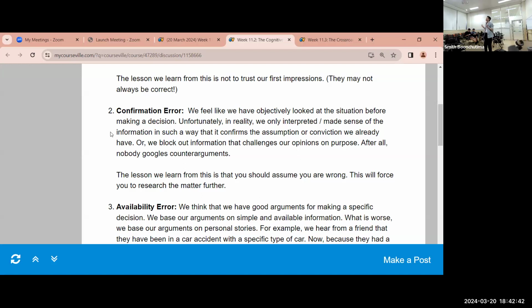You just take the information that only confirms what you believe. Okay, can you give other examples related to confirmation error?